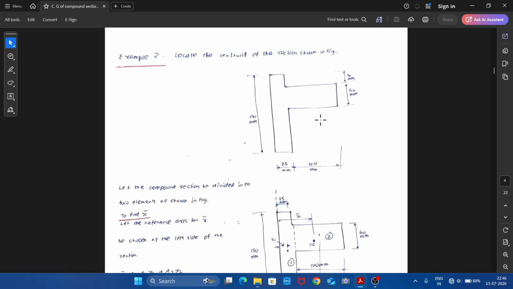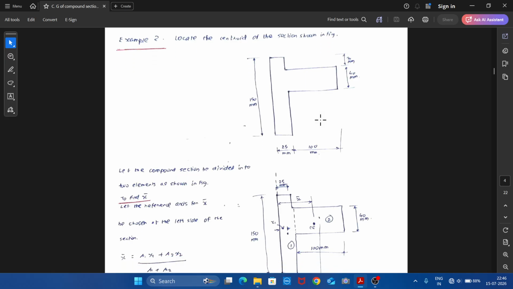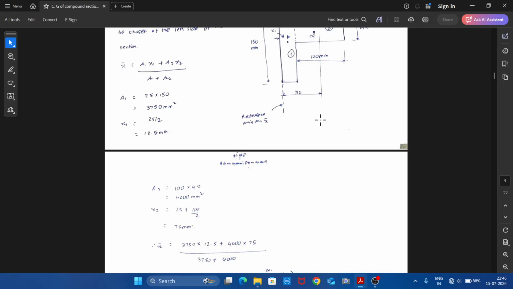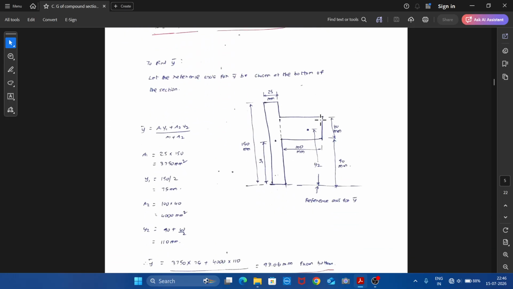So 150 minus 20 is 130, and 130 minus 40 is 90 mm from the bottom. Total 150, minus 20, minus 40, so this will be 90 mm from here. Therefore, y2 will be 90 plus 40 by 2.